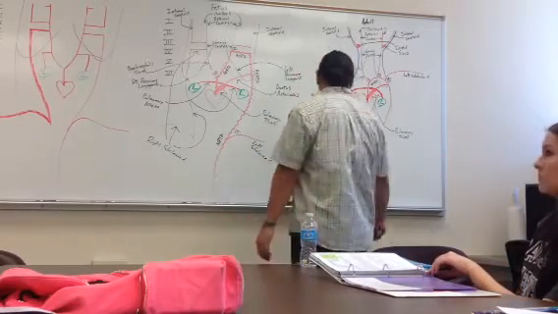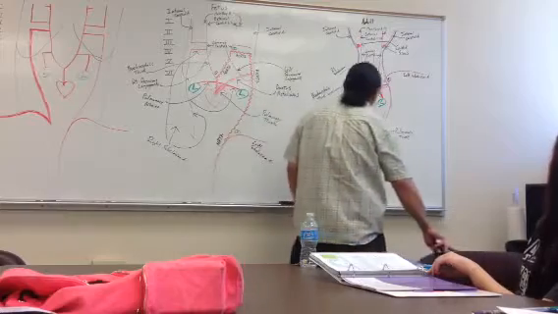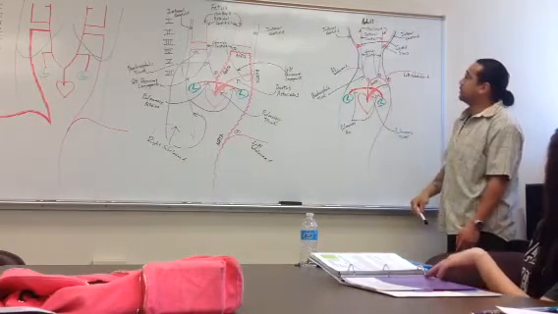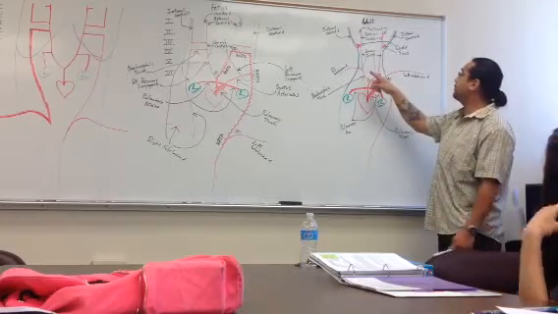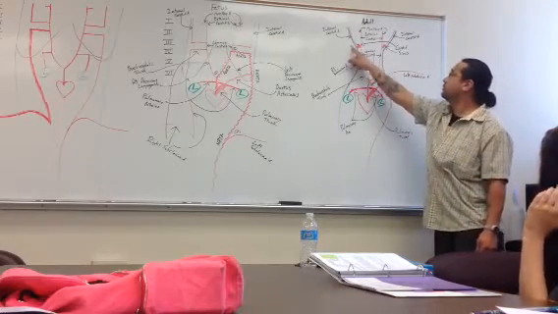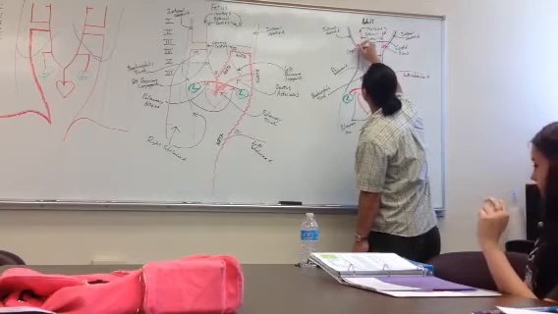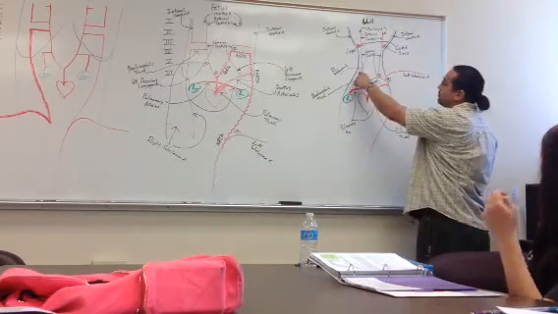All right, now, first branch, second branch, third branch, right? What do we have right here? What's this? Vagus. And what's this right here?